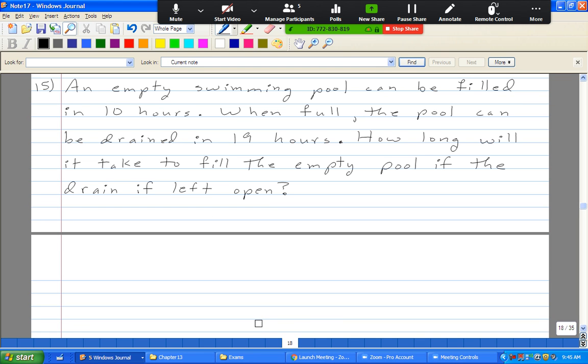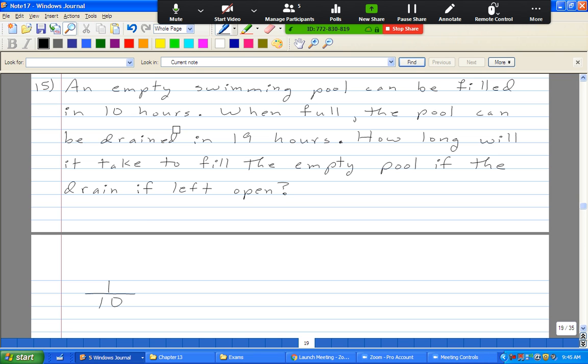Okay, so since the swimming pool can be filled in 10 hours, 1/10 of it can be filled per hour.